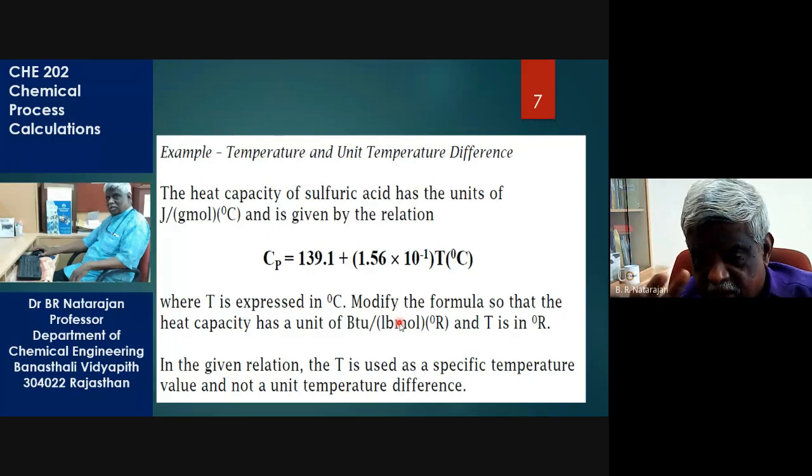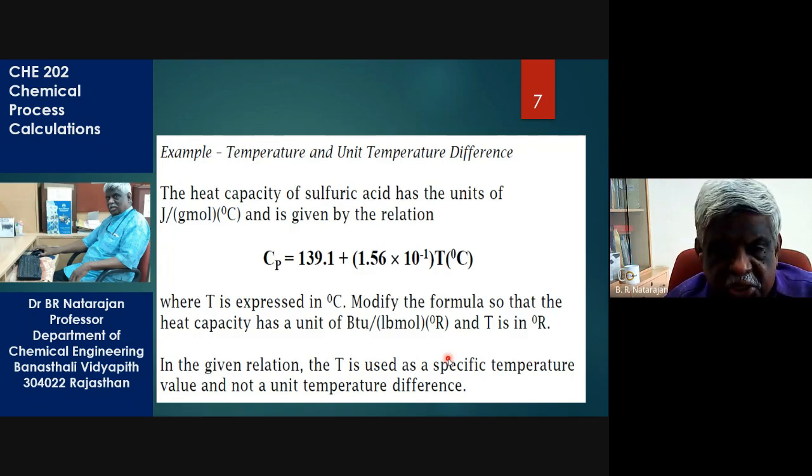Remember, 1 pound is 454 grams. So gram mole to pound mole, degree C to degree R. You just see this relation.